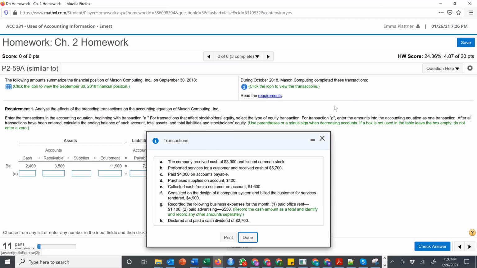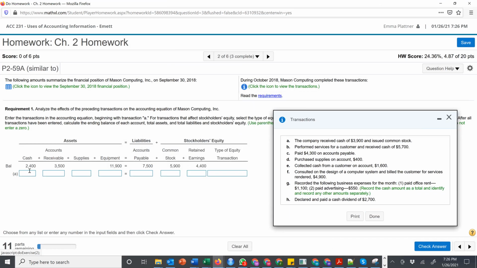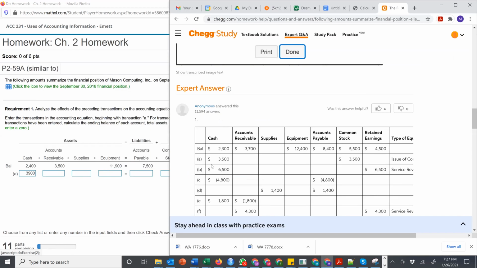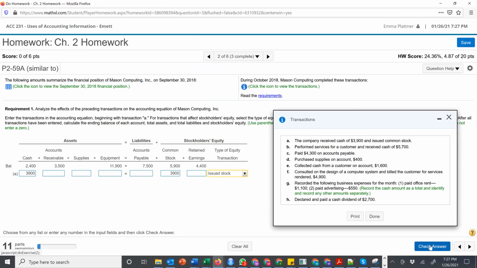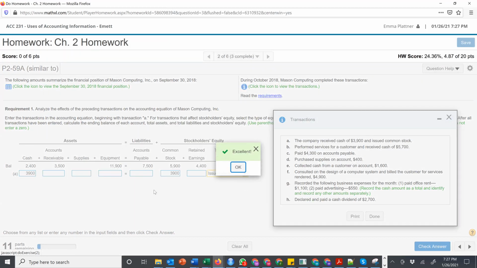So your number is 3,900 that goes here, and it's common stock there, 3,900. Now the type of equity, I guess it's issued stock. I'm going off this example. There are no other numbers in here. So check answer. Okay, great.